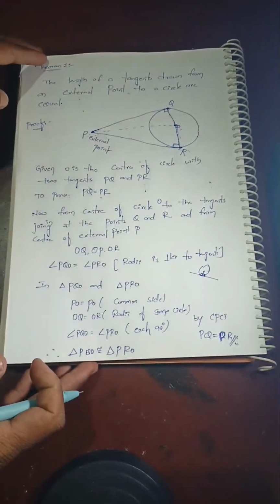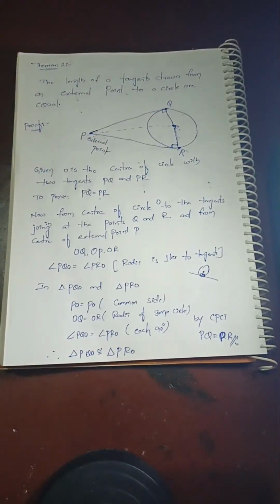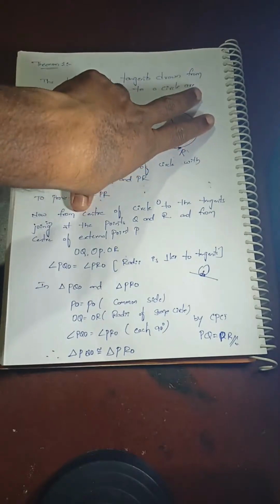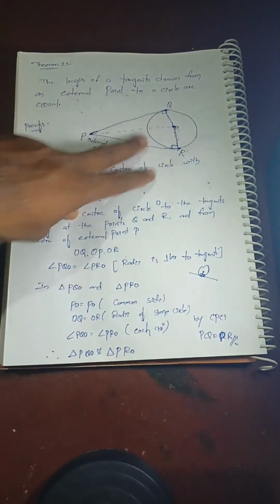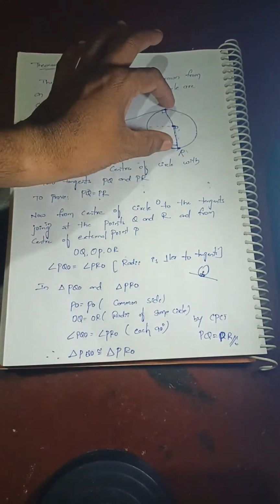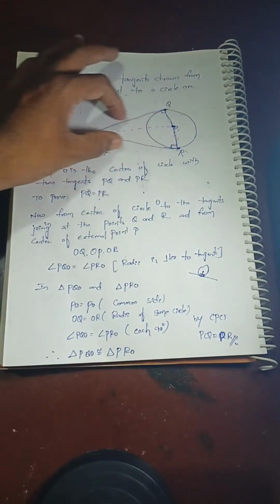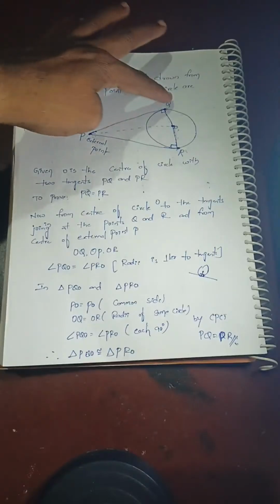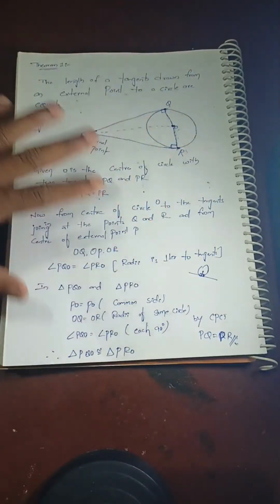So now go through this theorem. If you have it in the question, you can see it once again. The theorem: the lengths of the tangents drawn from an external point to a circle are equal. We draw two tangents connecting at an external point, and we have to show that tangent PQ and tangent PR are equal.